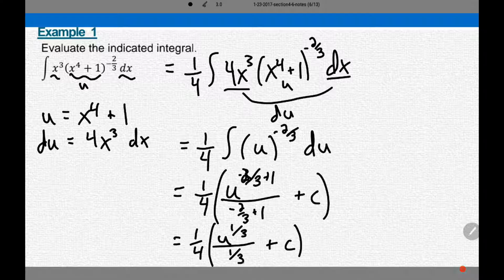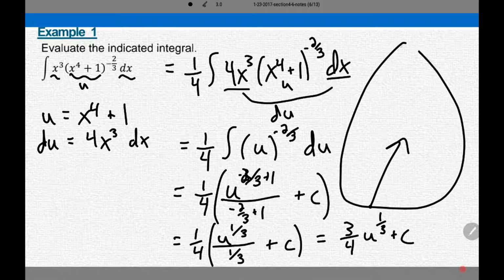And we have to take care of this 1/3 and this 1/4. So 1/4 divided by a third is equal to 3/4 u to the 1/3 plus c. And we're almost done, because now all I have to do is take this and replace the u. So replace u with our original x to the fourth plus 1, and that'll be my antiderivative.